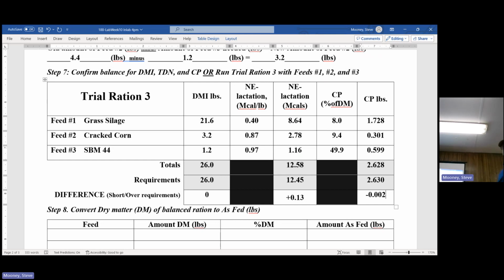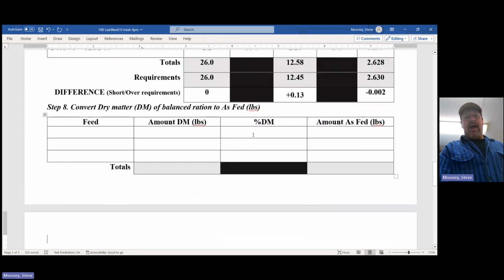So what's our last step? Convert the dry matter balanced ration to as fed, or what's a different way of saying that? What am I making? The ration mix sheet. I'm making the mix sheet for one cow.